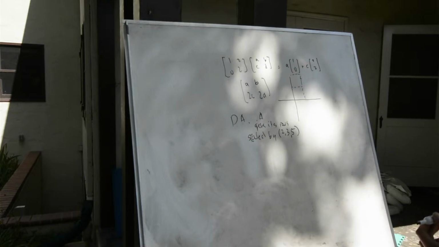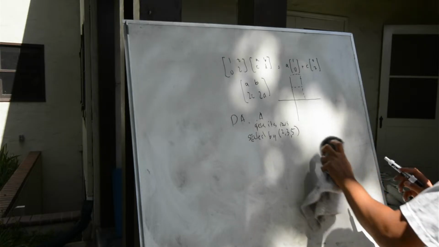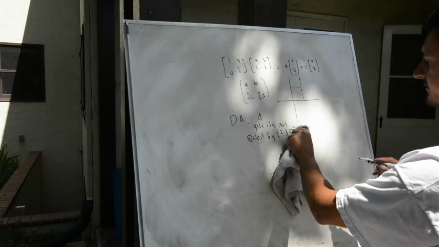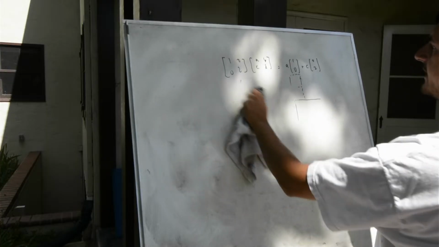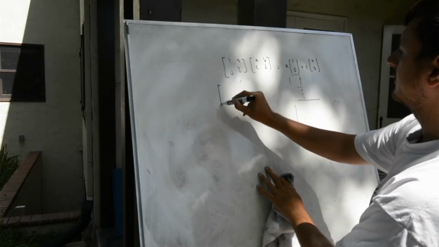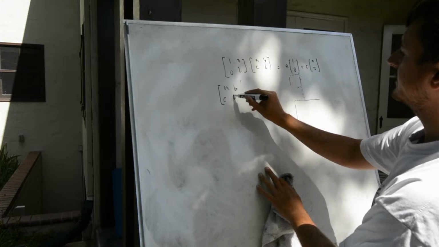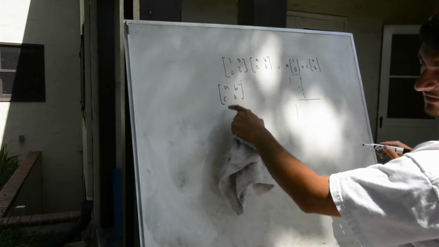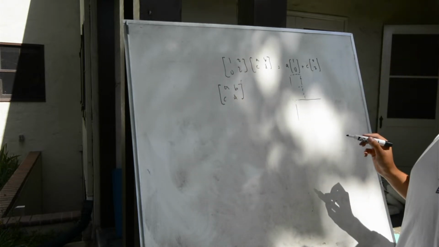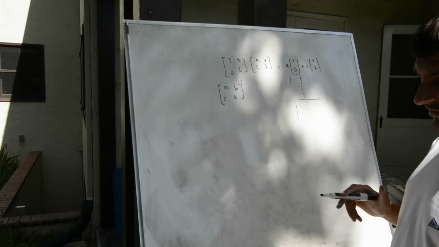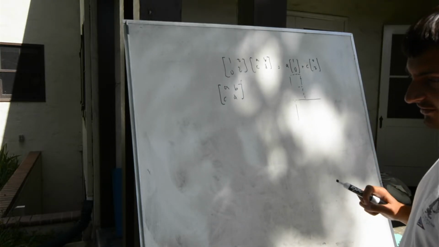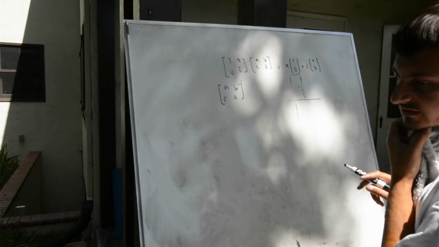Now for AD, so let's do AD. So AD is going to be A, B, C, D. And the thing is, this is general, but A in the original problem is linearly dependent in its columns.